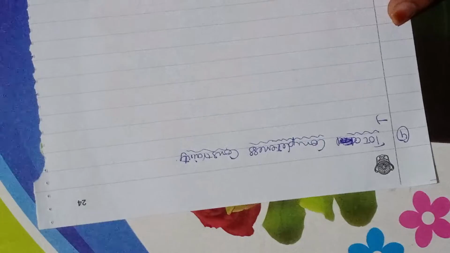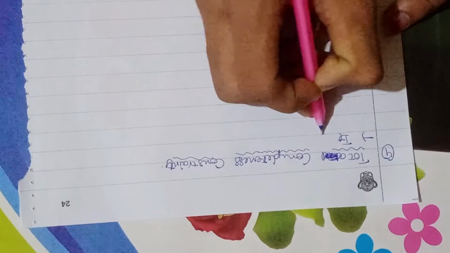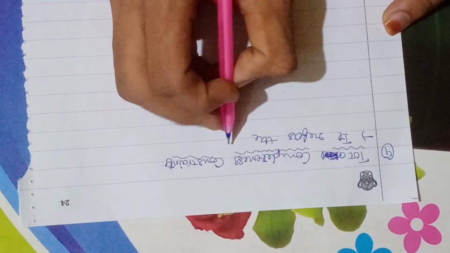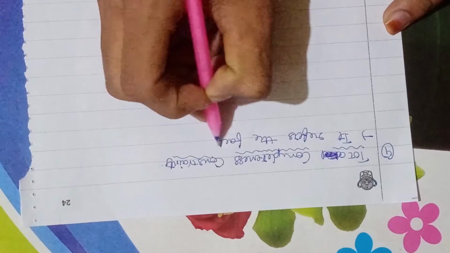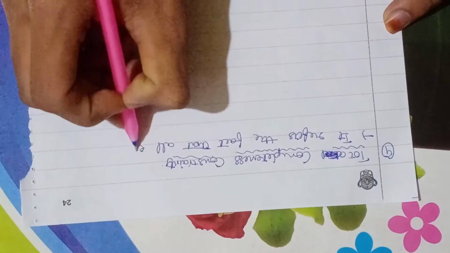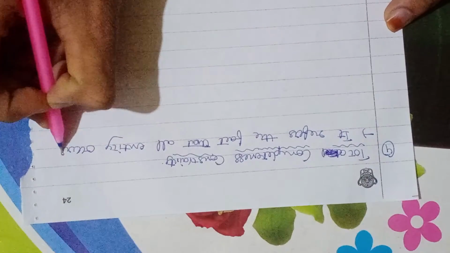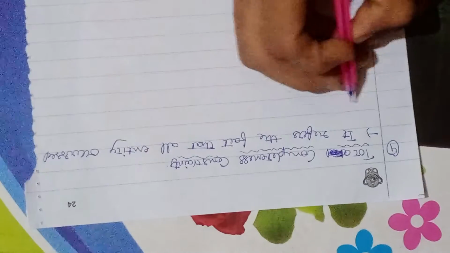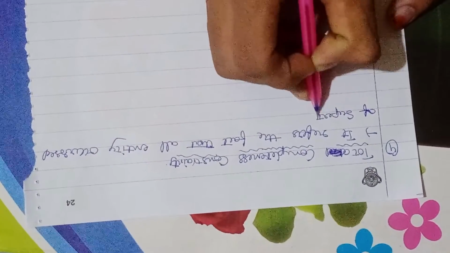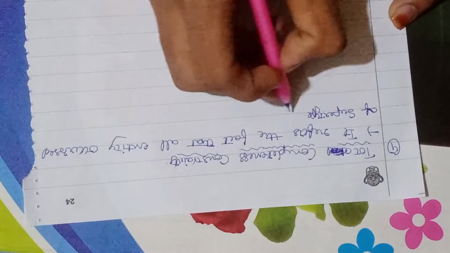It refers to the fact that all entity occurrences of the supertype entity participate in a subtype entity also.